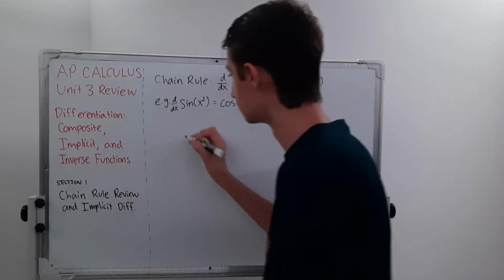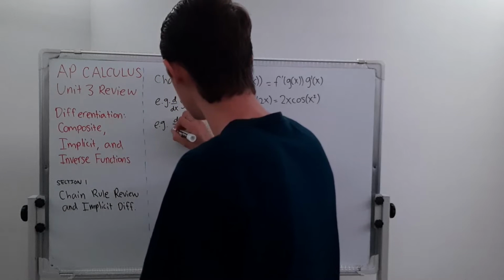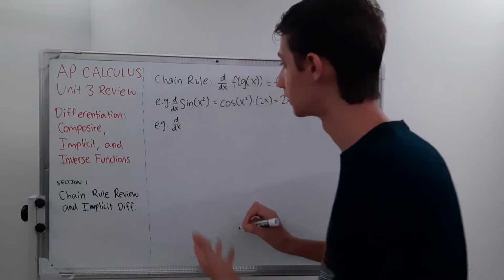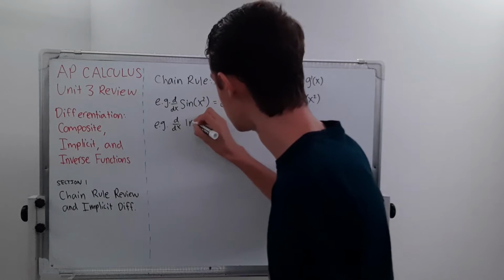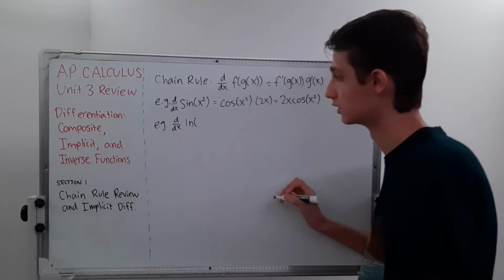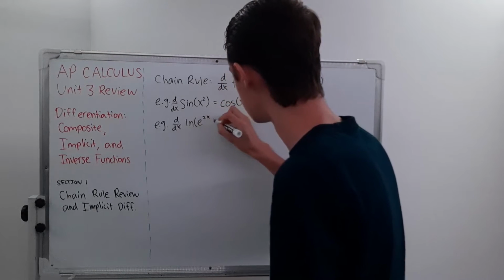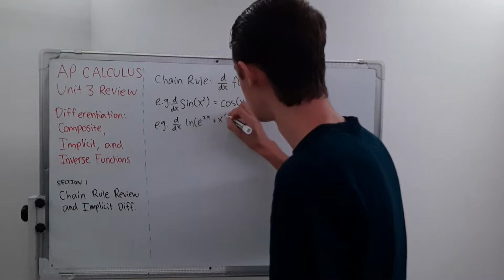Something more complicated. We can do a composition of multiple functions. We can do the natural log of e to the 2x plus x squared.